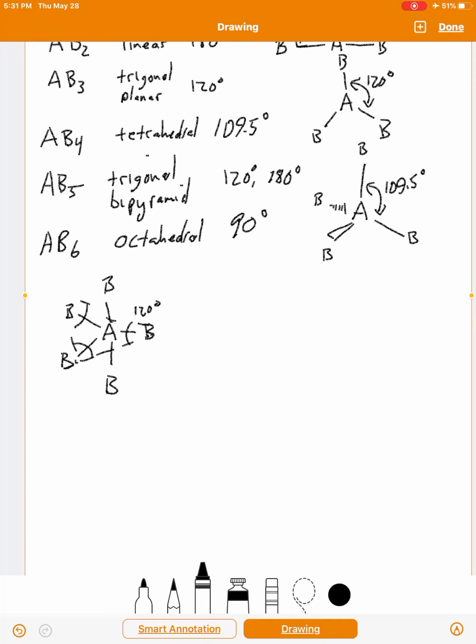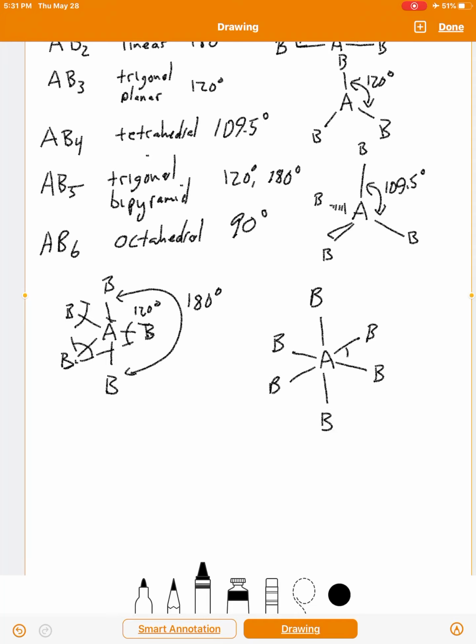But then you also have this angle from here all the way down to here, and that's 180. So that's your trigonal bipyramid. Last one's octahedral. We can draw it like this. 90 degrees. Each of those angles is 90 degrees. Okay? So there's those ones.